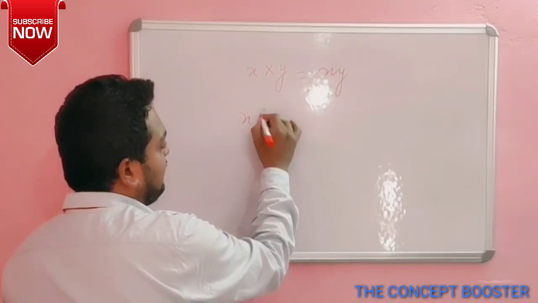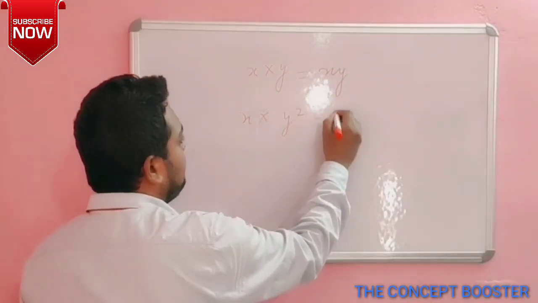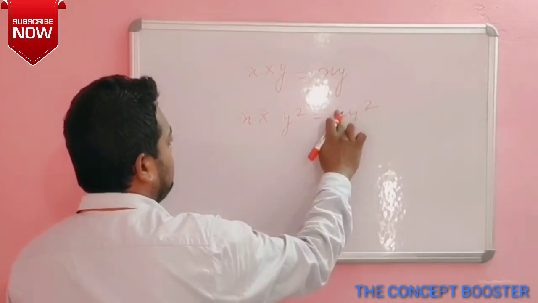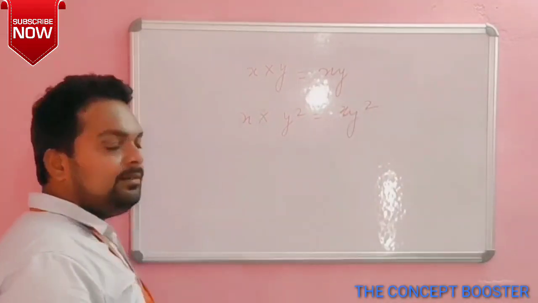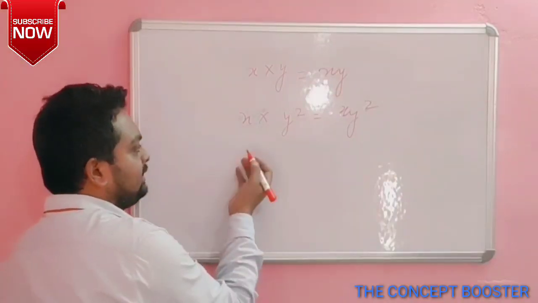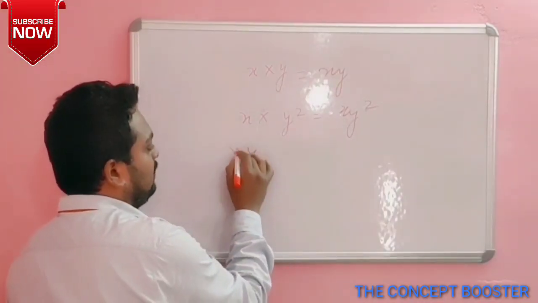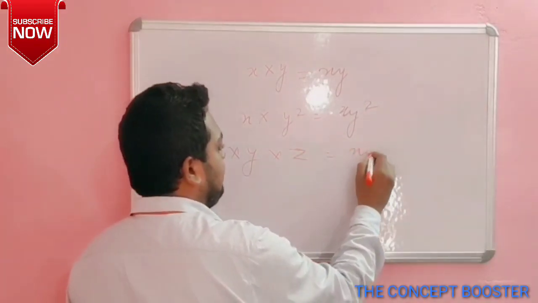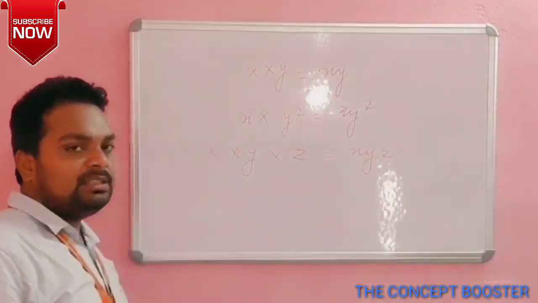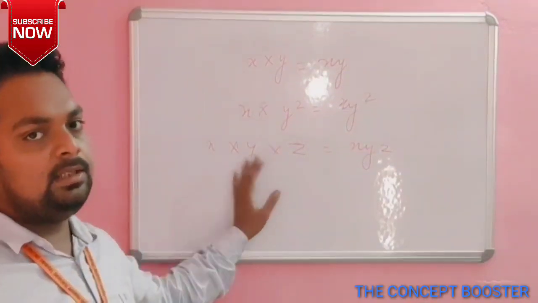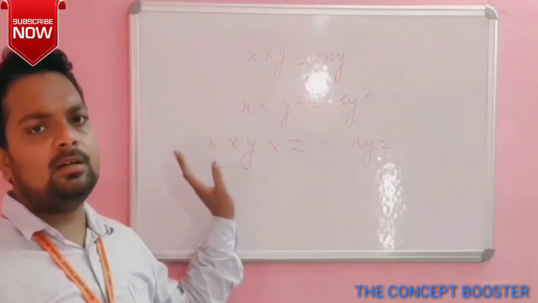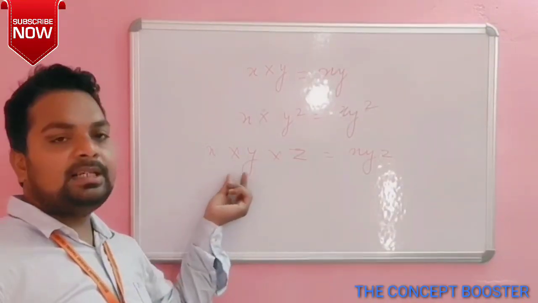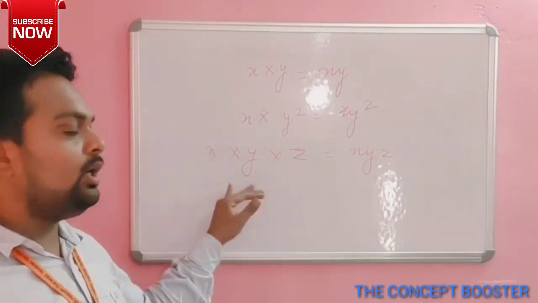If it is written as x into y square, you can simply write it as xy square. If it is written as x into y into z, you can write it as xyz. Means if it is multiplication, you can just add the powers of the same variable and simply write the different variables all together.